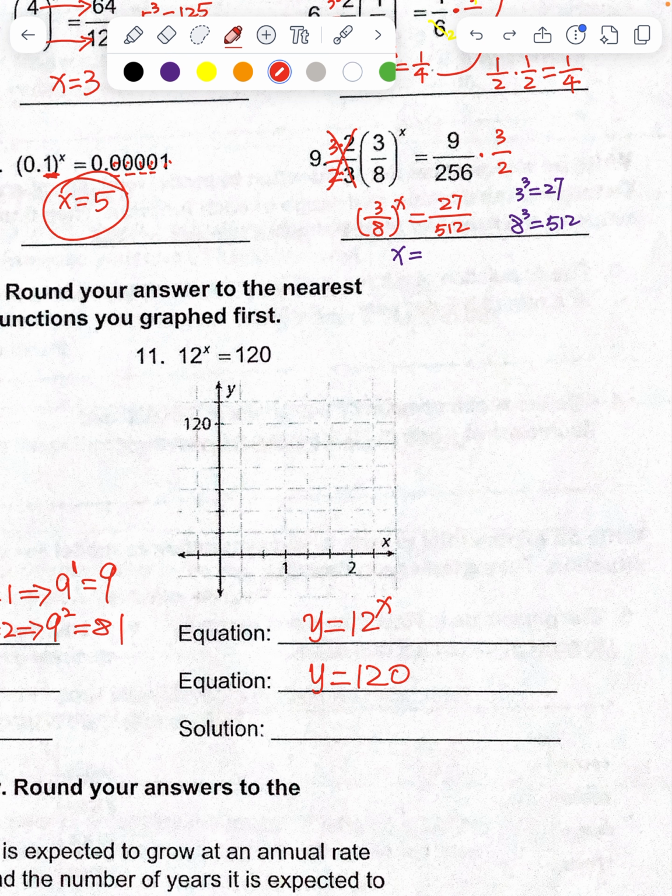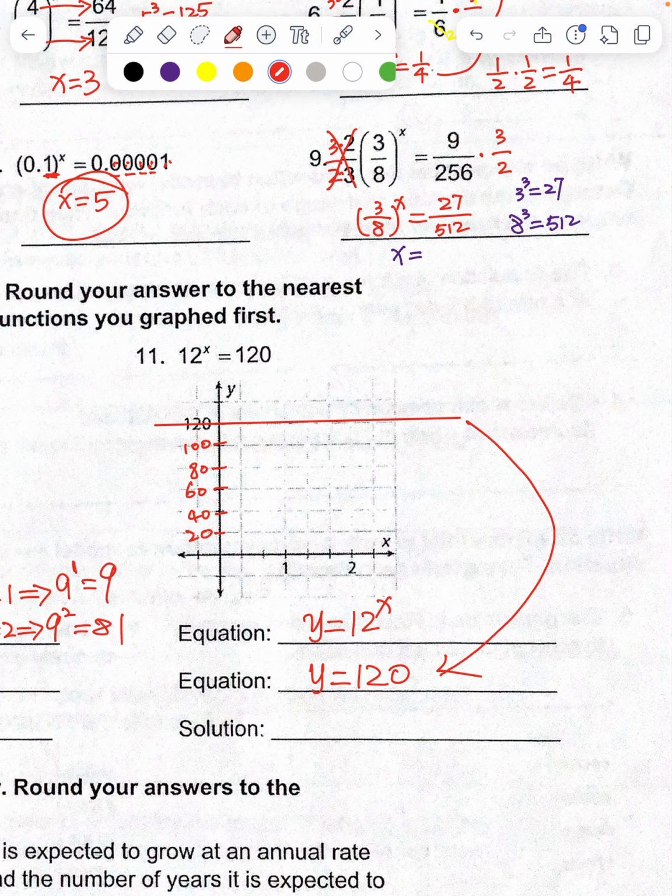Wow, look at the graph. Here's 120. Oh, we can graph the second equation. It's just like this, right? 120, 1, 2, 3, 4, 5, 6, so each increment is 20: 40, 60, 80, 100, 120.